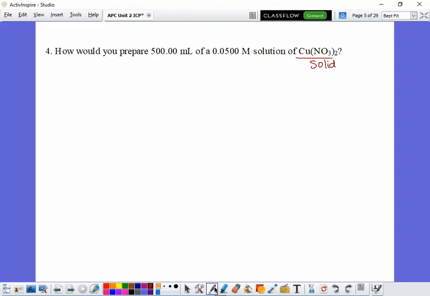Okay, so this is from the solid copper 2 nitrate. So I need to measure out a certain amount of the copper 2 nitrate and then dissolve it into 500 milliliters of water. This is what I do all the time for your labs. Figuring out stoichiometry and doing the dilution formula is what I do constantly.